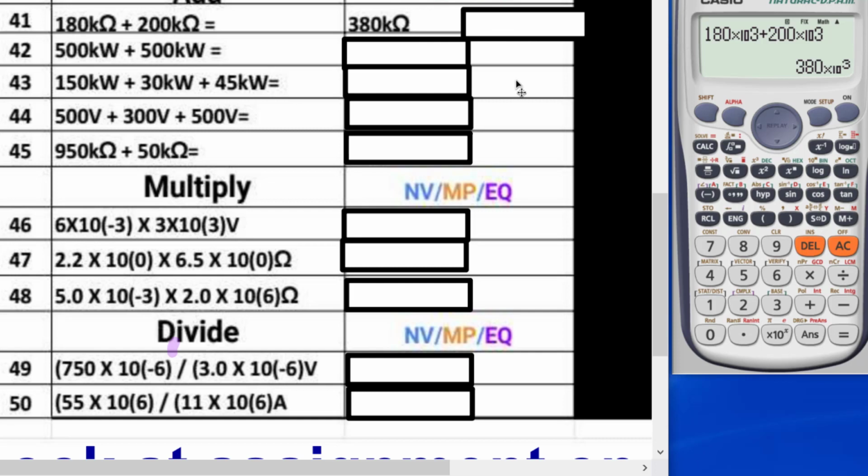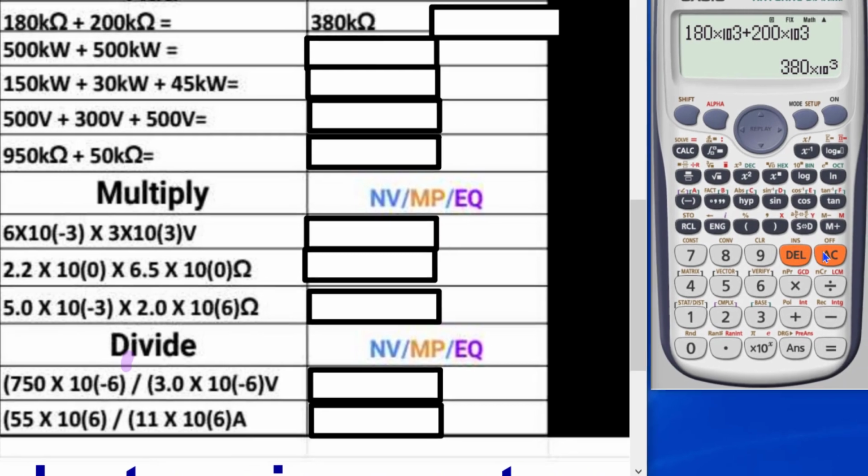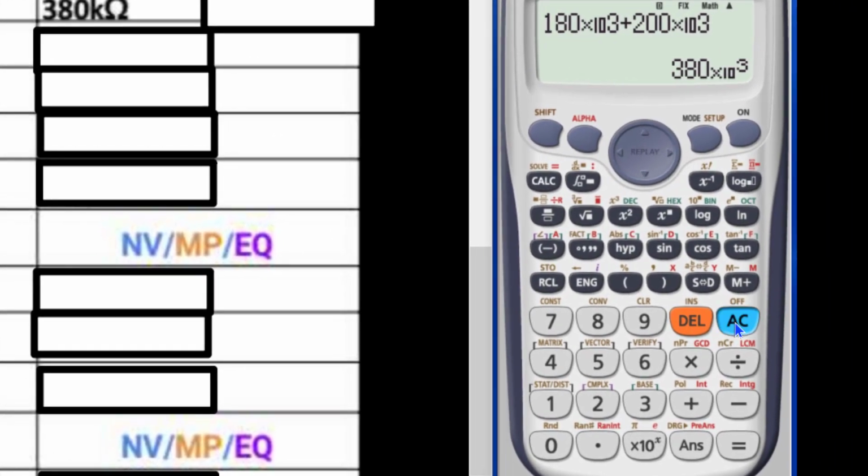380 k ohms. Now what you want to make sure you don't do, looking at the calculator again here, is go 180, and when you get ready to enter kilo, times 10 to the third, you cannot go times 10. No, that's not going to work. If you try to do that, it's going to mess up your math.